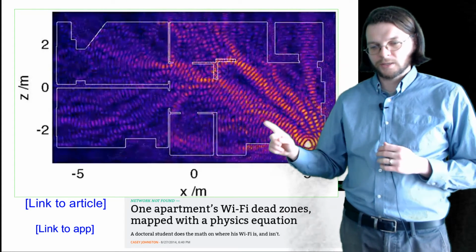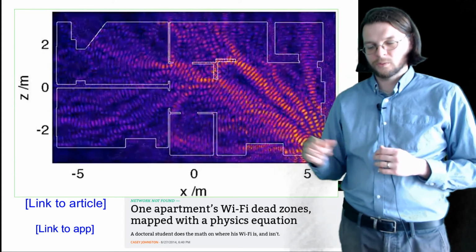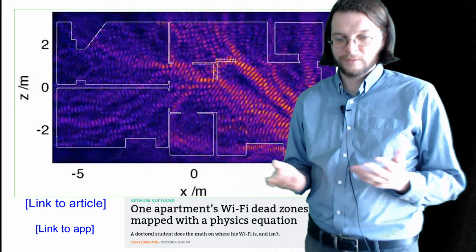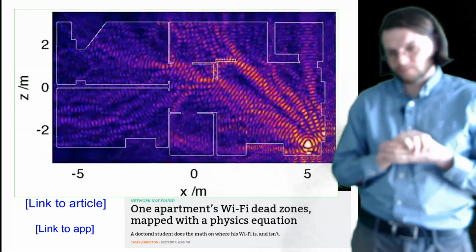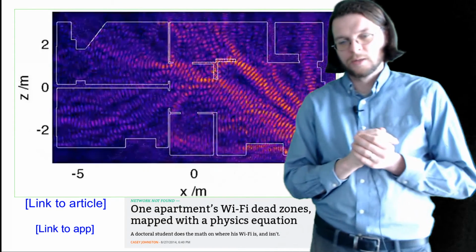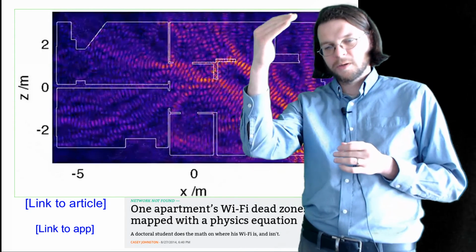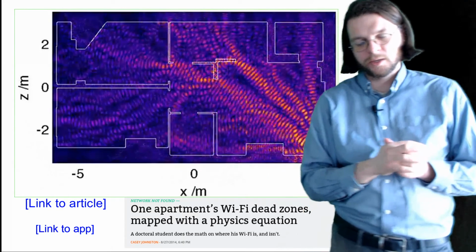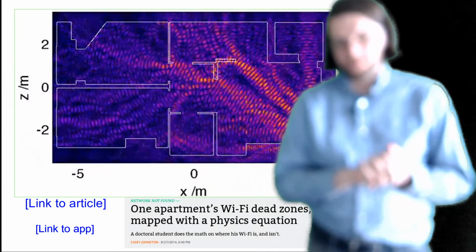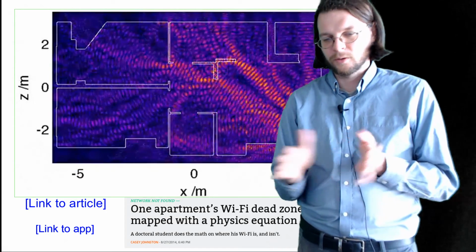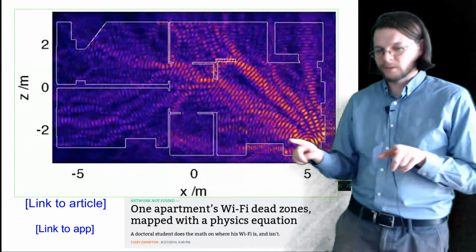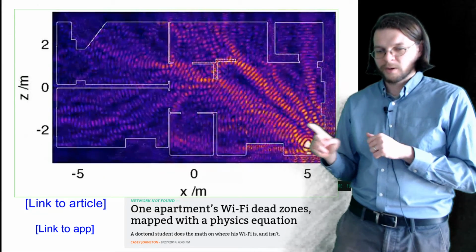And what's interesting is that these lines relate to the wavelength of the waves that you're using. So if you're using 2.4 gigahertz Wi-Fi, which most people are, the speed of light divided by 2.4 gigahertz is, gosh, I forget how big that is. I think it's something like this. And so you can see that scale imprinted on these kinds of maps.